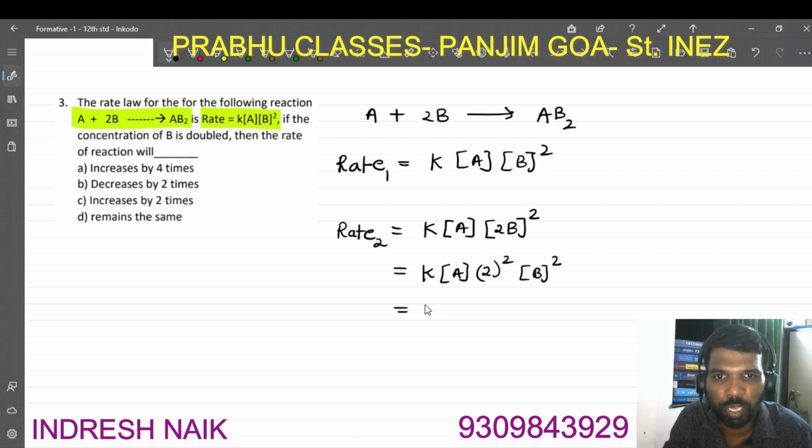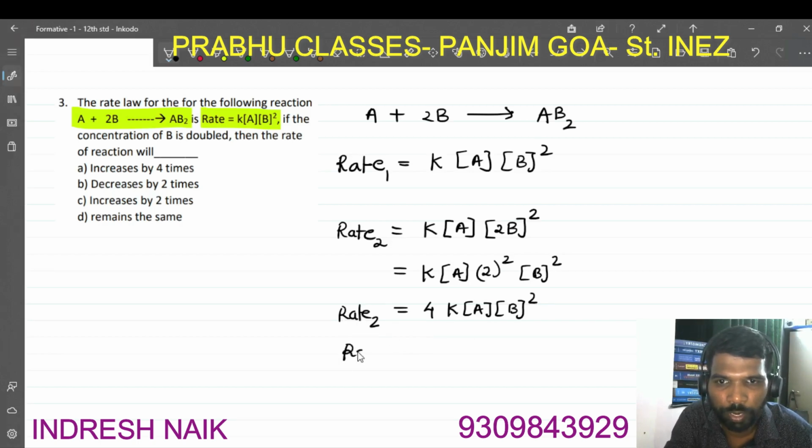So 2 squared becomes 4 times this K [A] [B] squared.